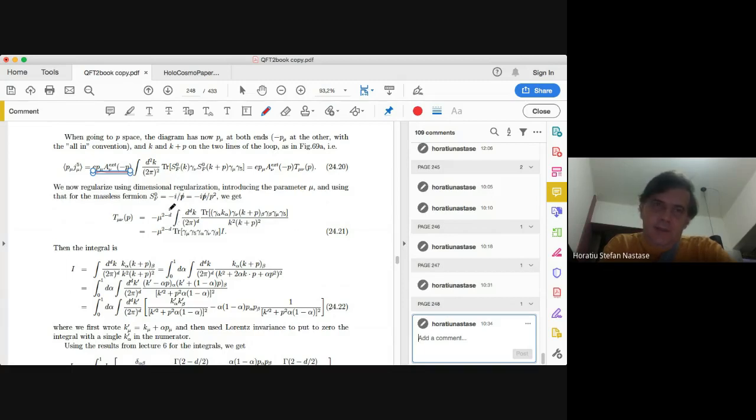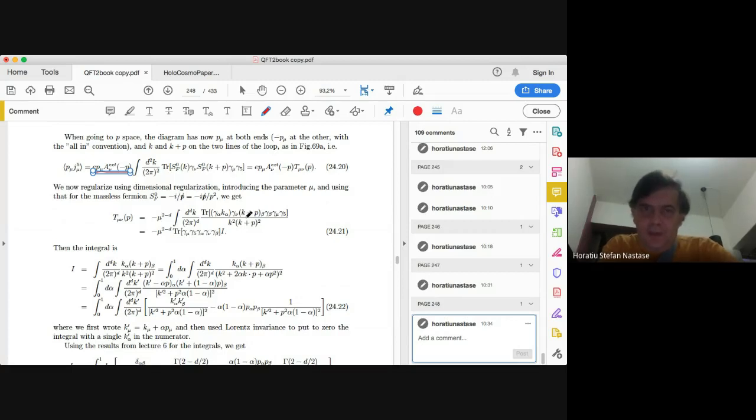There's this power of mu, which just fixes the dimension. But that's outside, doesn't matter. Then there's this loop integral over a trace, something in the numerator, and then in the denominator, k squared and k plus p squared from the two propagators.